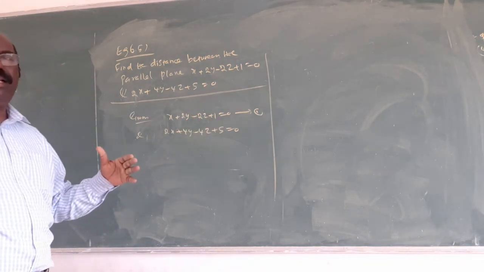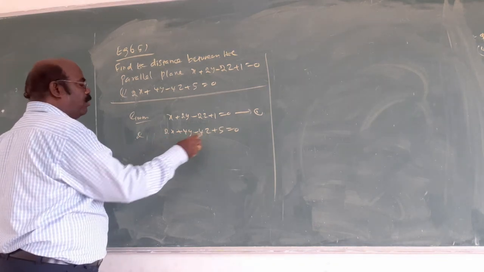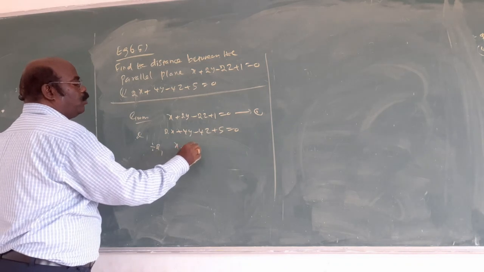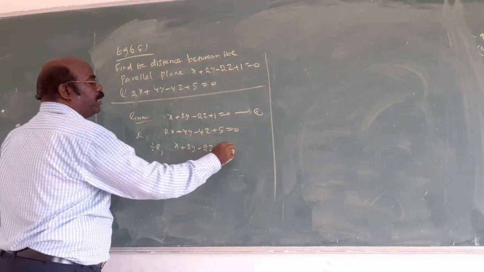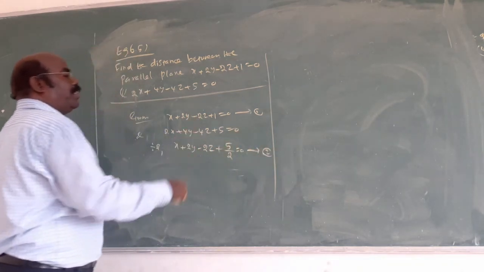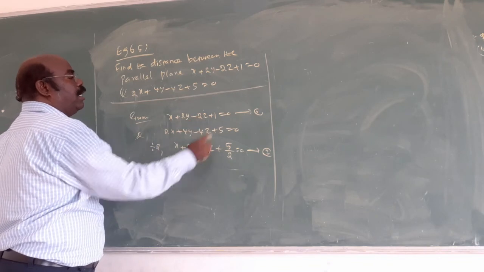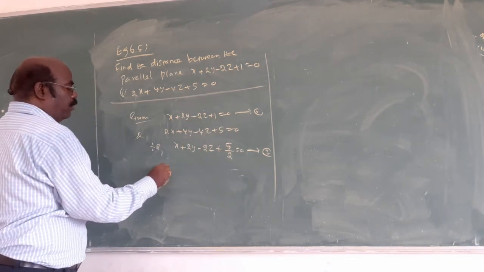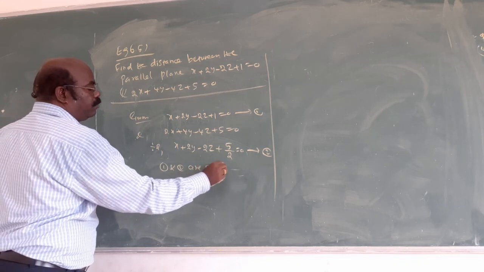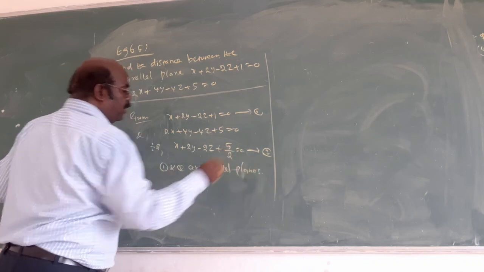That is called parallel planes. Now we have 2x, 4y, minus 4z; divided by 2, automatically x plus 2y minus 2z plus 5 by 2 equal to 0. Therefore, 1 and 2 are parallel planes. Am I right?